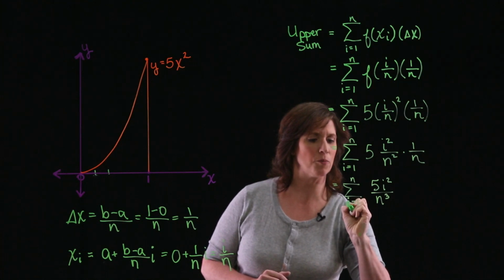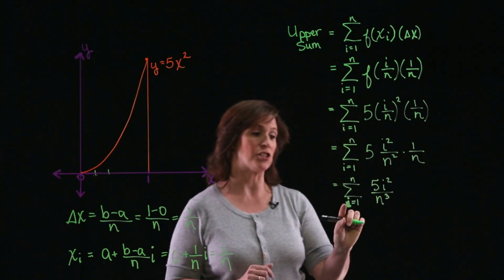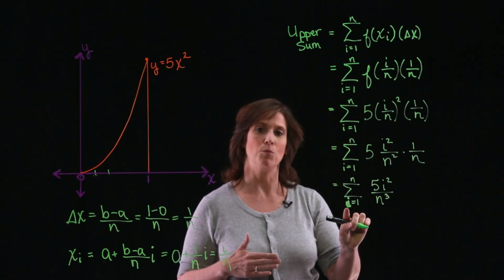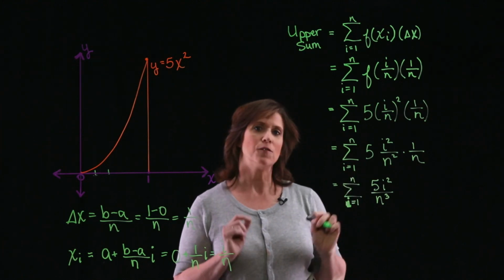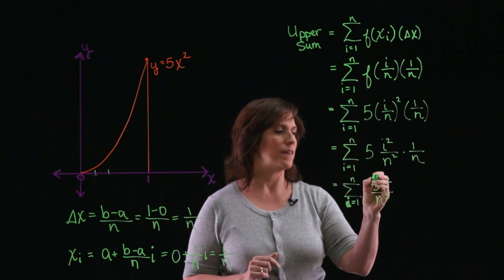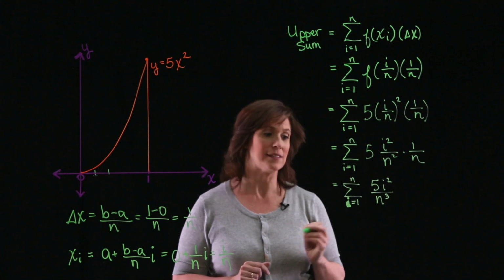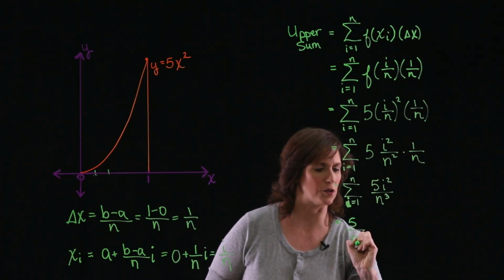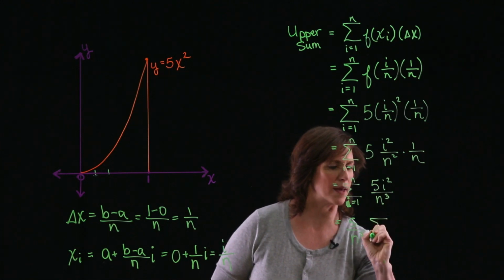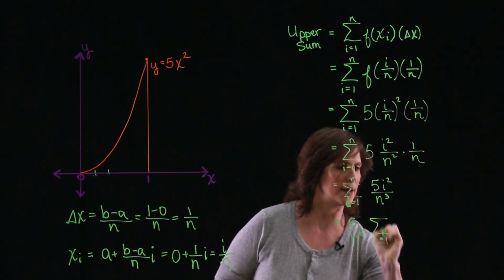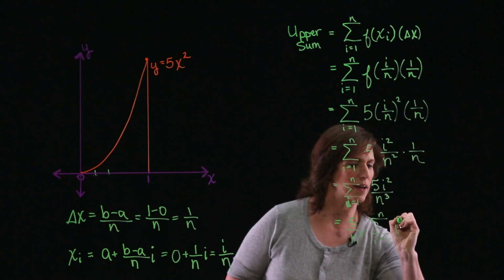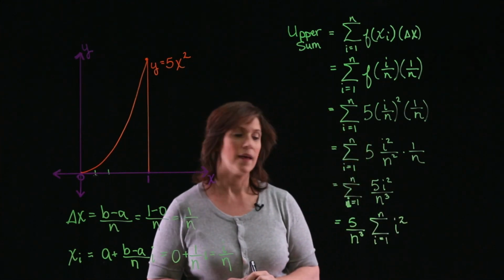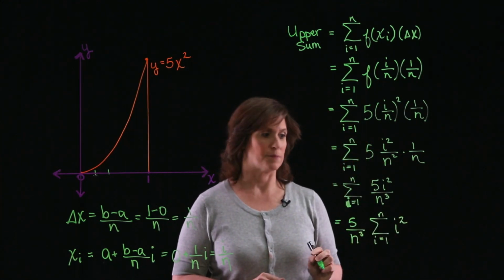Now, in this particular problem, I'm ready to deal with my summation, and i is what is moving from 1 to n. As far as i is concerned, the 5 over n cubed is a constant. So that can be pulled out, 5 over n cubed, and then I'll be summing i equals 1 to n of i squared.